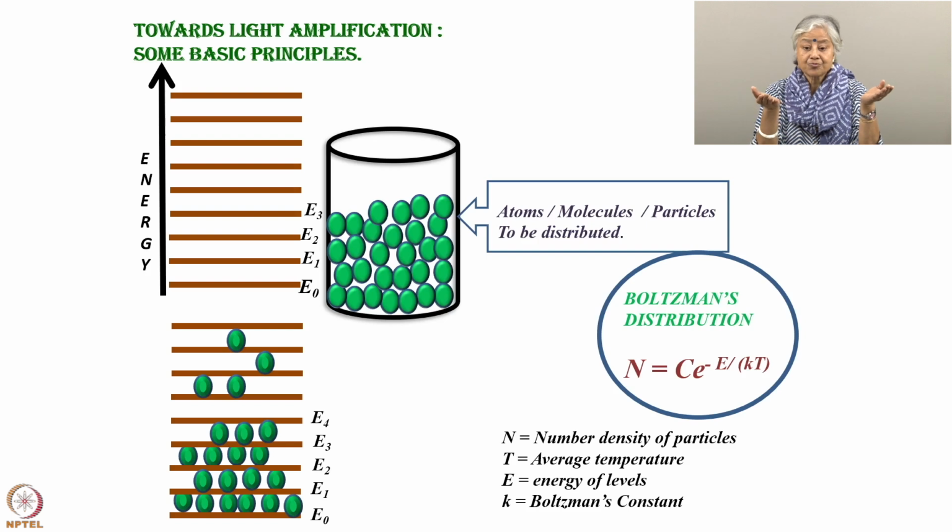The number density of particles is proportional to E, it is proportional to T, and it is given by C e to the power minus E by kT. K is the Boltzmann's constant and C is just a normalizing constant. So, the Boltzmann's distribution gives you the exact number density of particles in each of these energy level states.